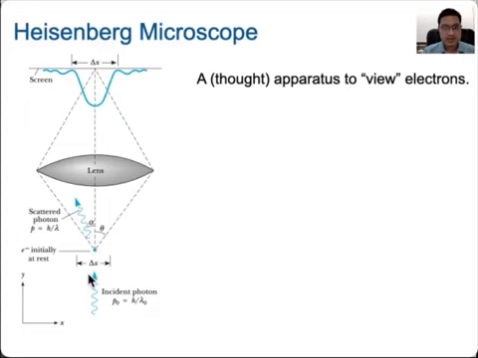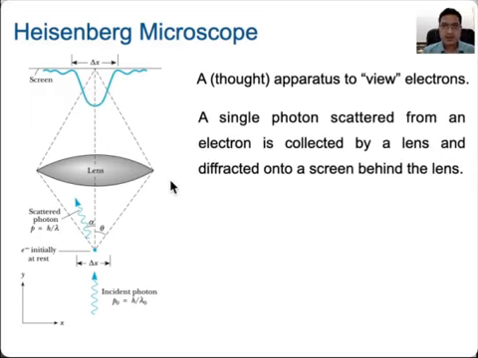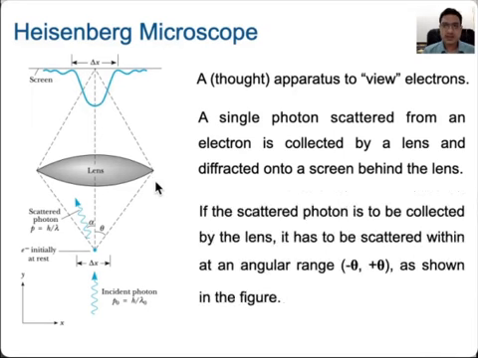This is light coming with momentum p naught, wavelength lambda naught, and when it is scattered, this lens collects all the scattered light, and then it will refract, and this screen collects all the diffracted light, and then you will see a diffraction signal here in the detector, which has a central maxima, which looks like this. Okay, so what happened is that a single photon is scattered from an electron, which is collected by the lens and diffracted onto the screen behind the lens.